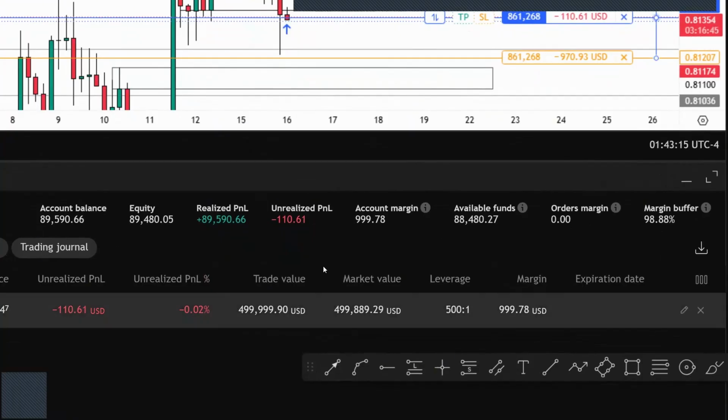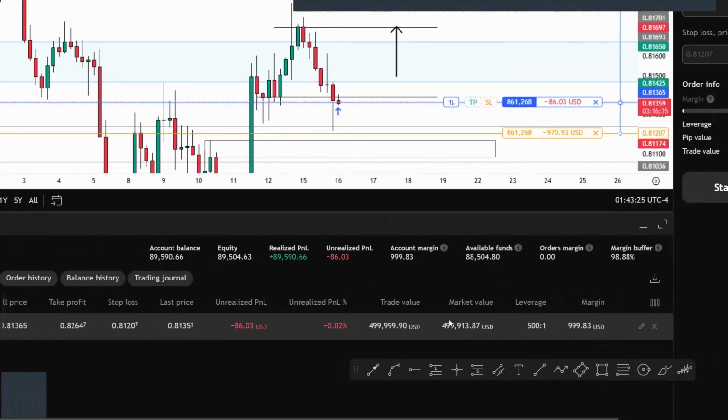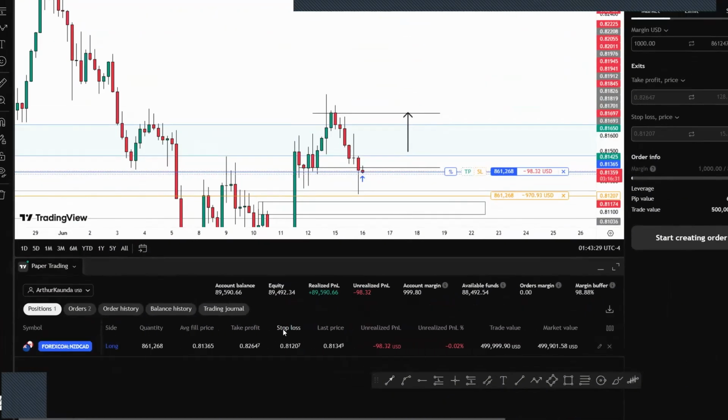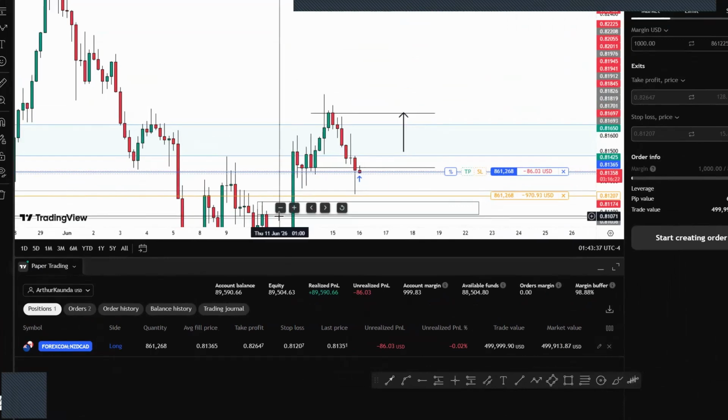This is our trade we've entered. Margin is 1,000, so we can only lose up to 1,000. And it has already calculated the lot size itself. That's the good thing about trading on TradingView.